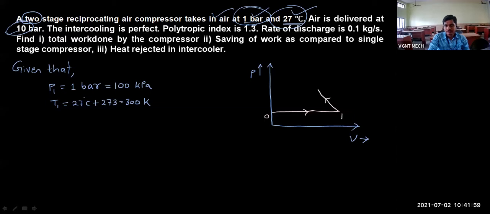Then 1 to 2 is the compression process. Then 2 to 3 is the intercooler. Then 3 to 4 is the compression process. 4 to 5 will be a constant pressure process.